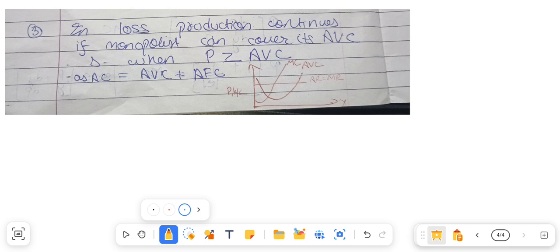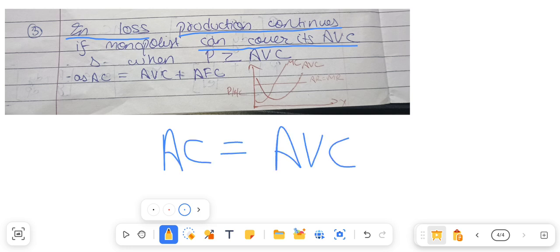Now the third is that in loss, a monopolist continues his production if he can cover his average variable cost. The average cost has two components: the average variable cost and the average fixed cost.